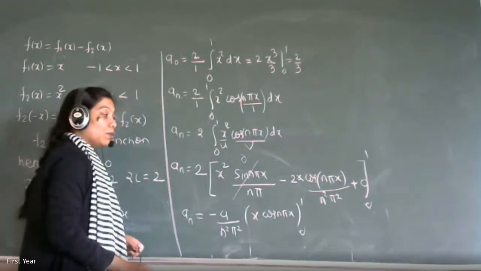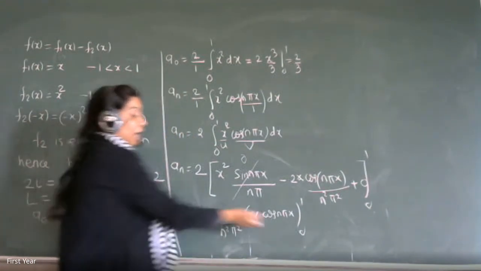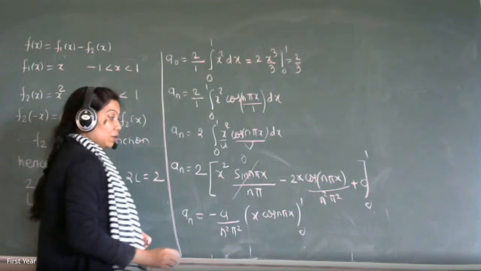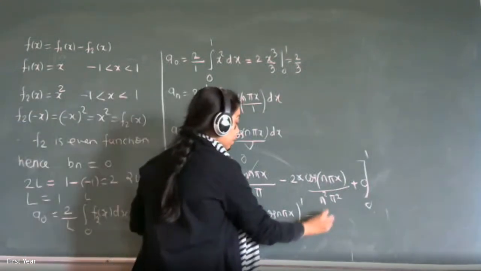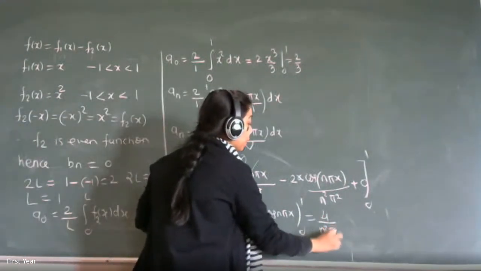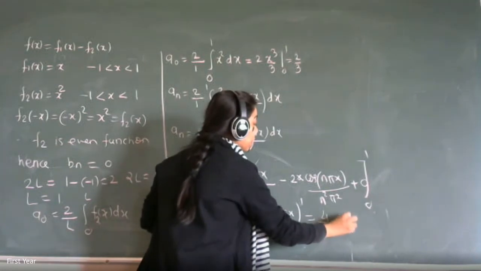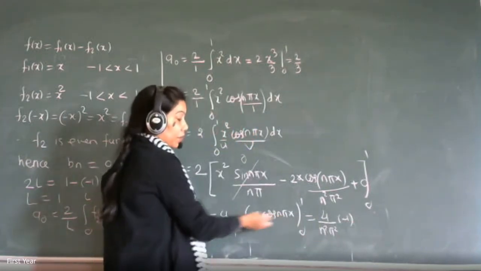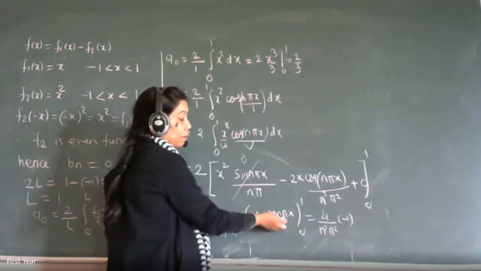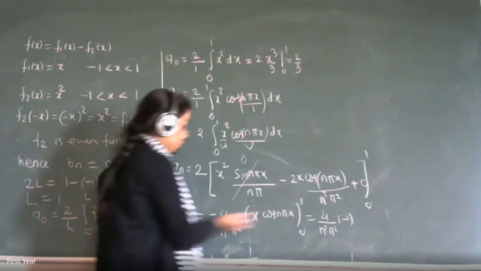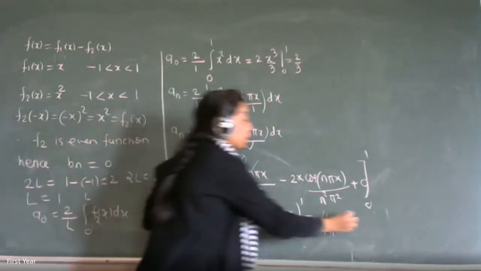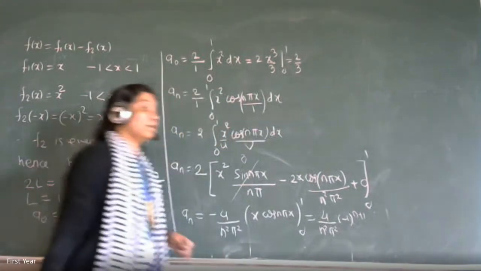When I put x equal to 1, and x equal to 0 will vanish, it is nothing but 4 upon n square pi square into minus 1 times cos n pi. If you put 1, cos n pi will come. Cos n pi is minus 1 to the power n. That is one more negative sign, so minus 1 to the power n.